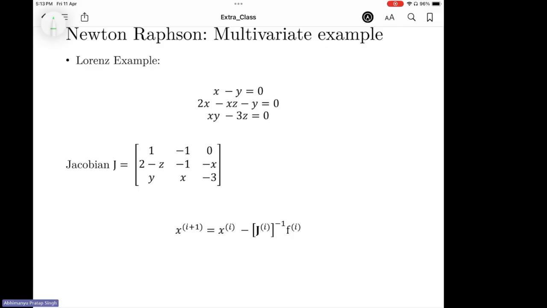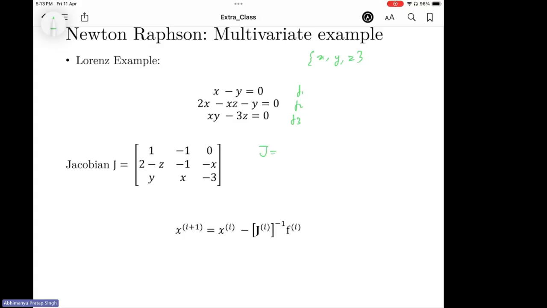So we have three unknowns, x, y, z, and we have three functions, f1, f2, f3. We calculate this Jacobian.